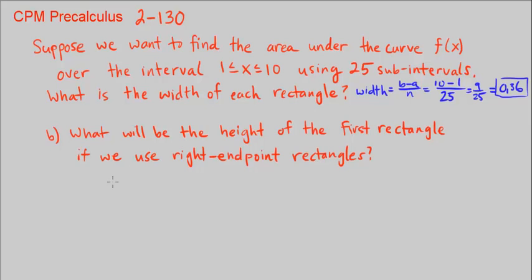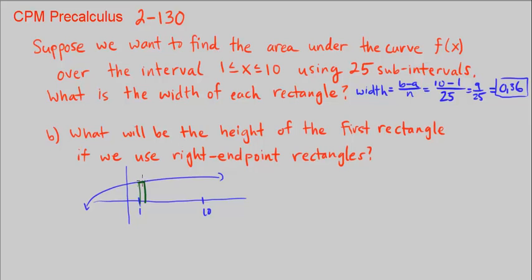For this one we have to look at what the graph is going to look like. We don't know what f of x looks like, so I'm going to draw it any way I want. Let's say it looks something like this. We're looking at the region 1 through 10 again, and we know the width is 0.36 for each of our rectangles. The first one doesn't get the height from the left point, it gets it from the right point.